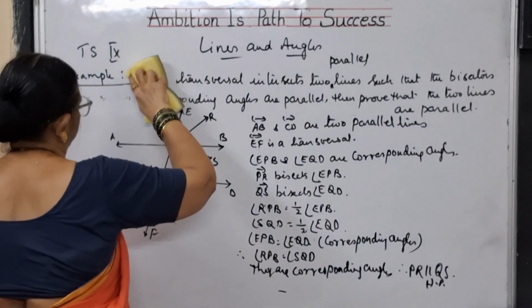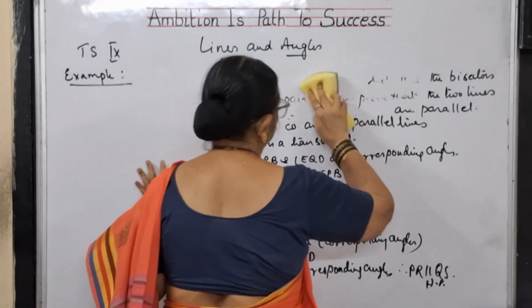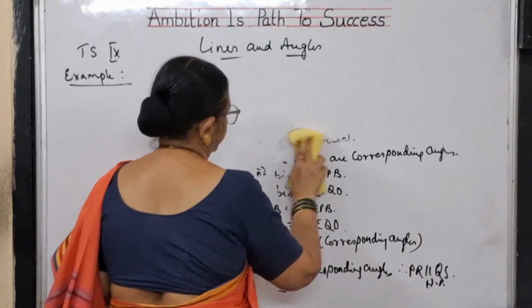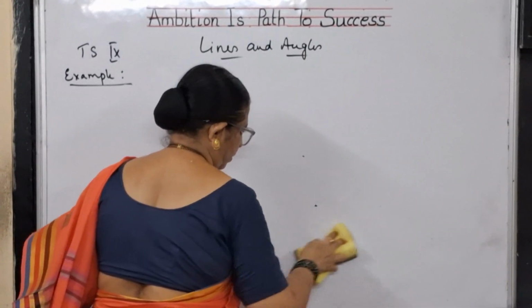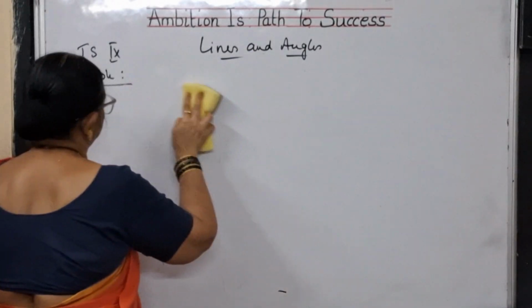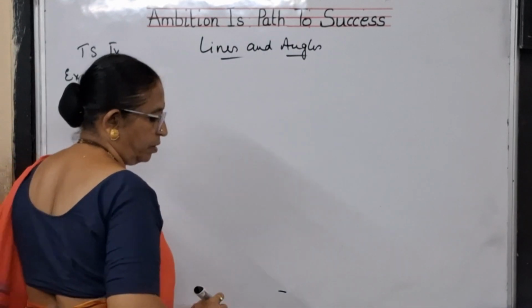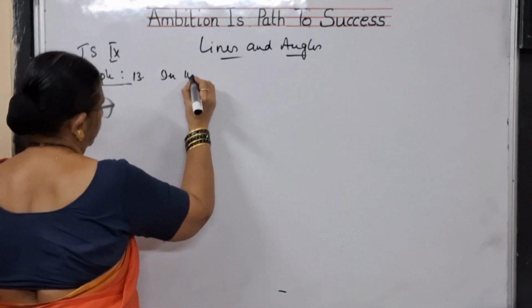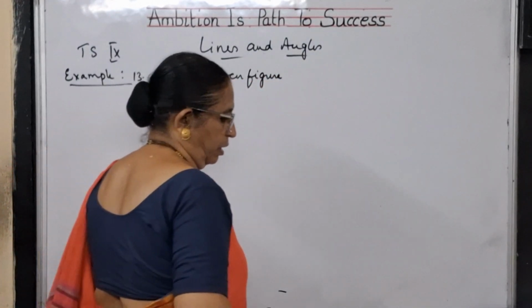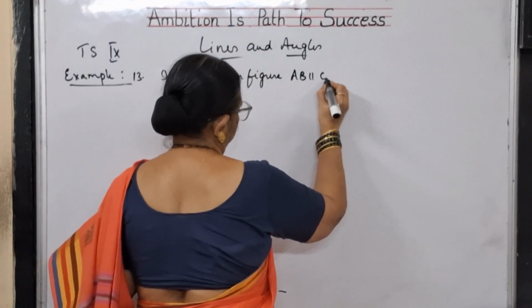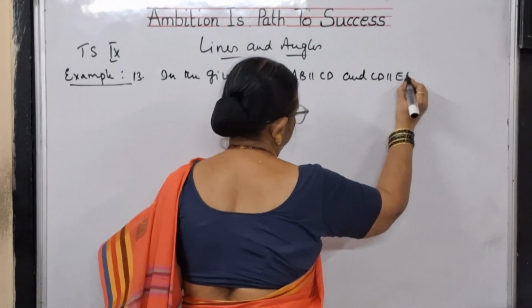Now, let us say example 13. In the given figure, AB is parallel to CD and CD is parallel to EF.